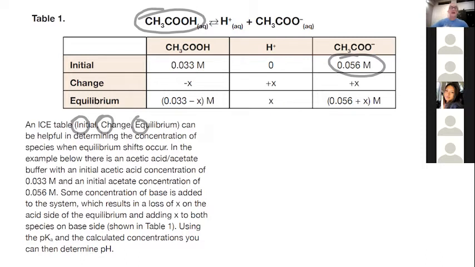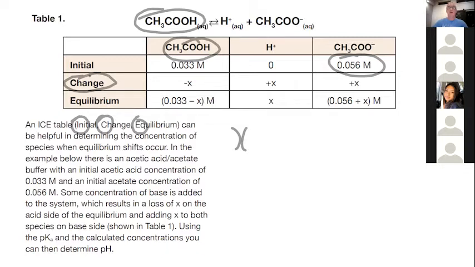And we can figure that out by looking at what change will occur. So some of the acetic acid will dissociate, and we'll call that X. We don't know how much of it will dissociate. We'll figure that out.